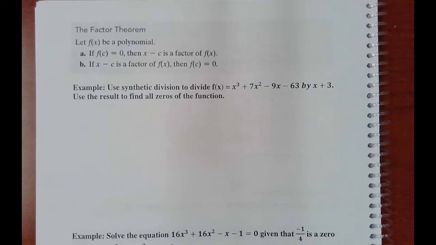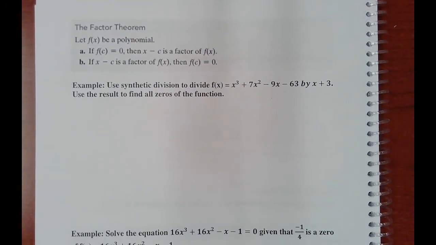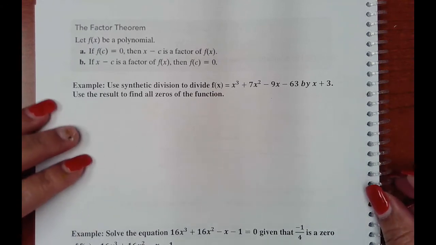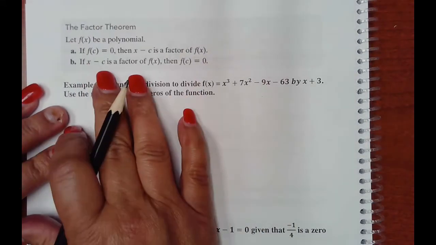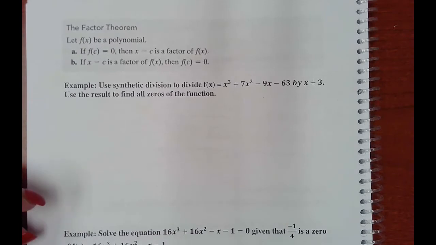Okay, now we can use what's called the factor theorem in order to help us completely factor a polynomial of higher degree, like 3rd degree, 4th degree, 5th degree even. And we can use this theorem in order to understand what we are getting.